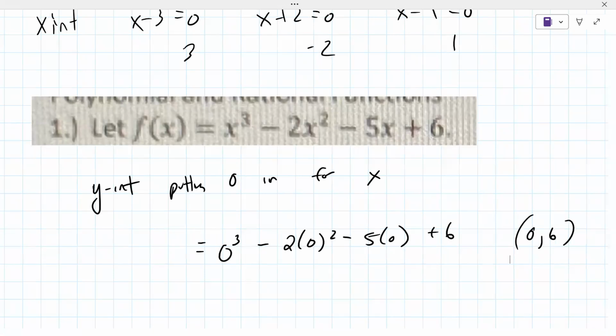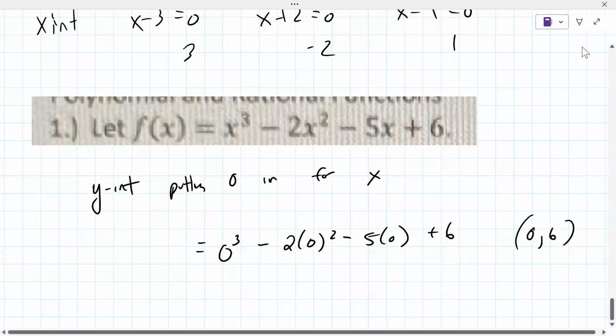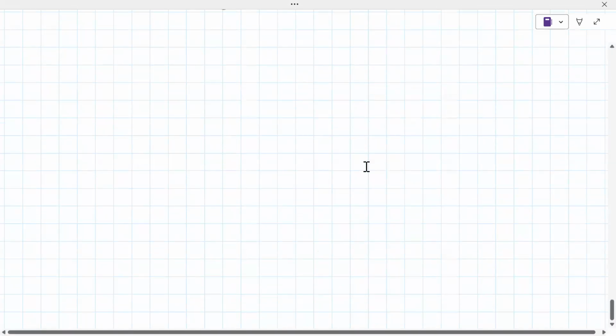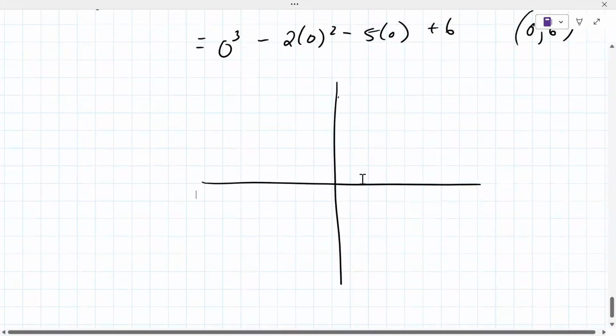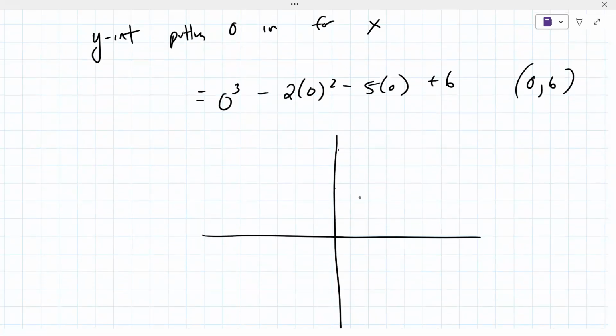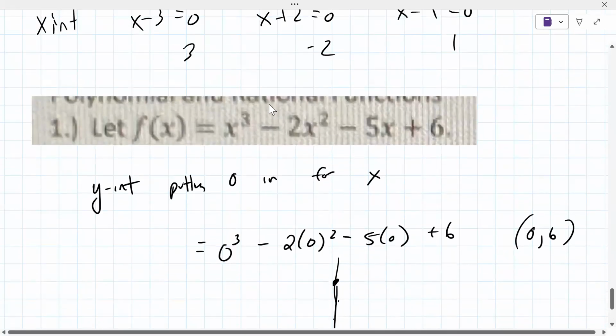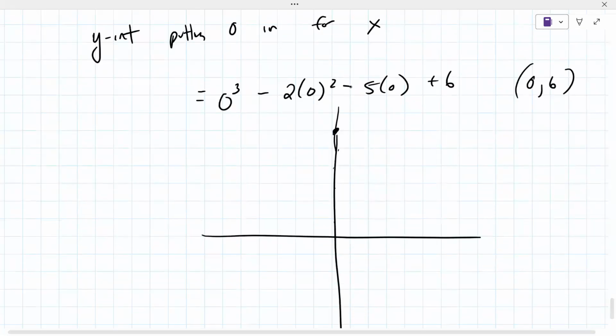So there's one y-intercept and there are 3 x-intercepts, and those are the points that are going to be on our graph. Yep, you're way ahead of me. We need to be graphing now. We need to graph those points. 0, 6. Okay, and then we need to graph the 3, -2, and 1.